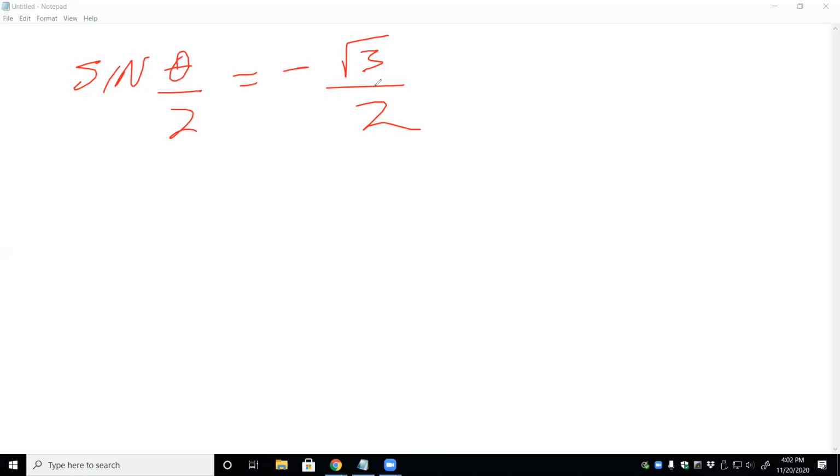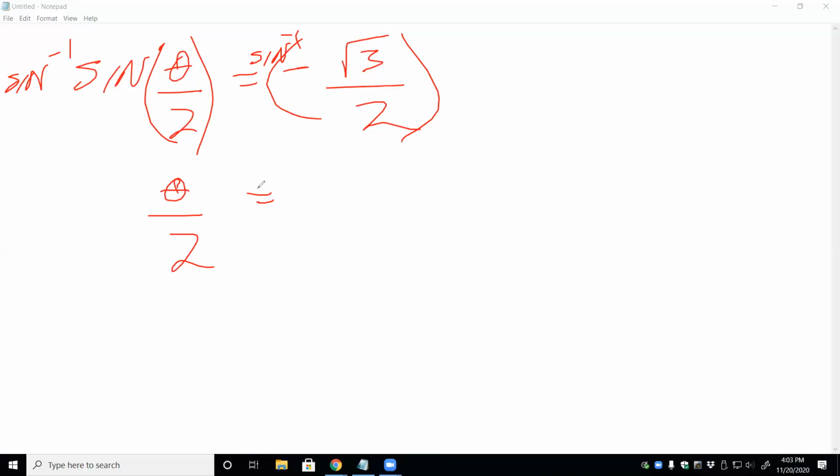The way to think about this is think of that as a single angle. We're going to plug root 3 over 2 into theta, correct? Well, no, what I'm really going to do is take the inverse sine of both sides. And what that's going to produce on the left is theta over 2, and on the right it's minus 60 degrees.